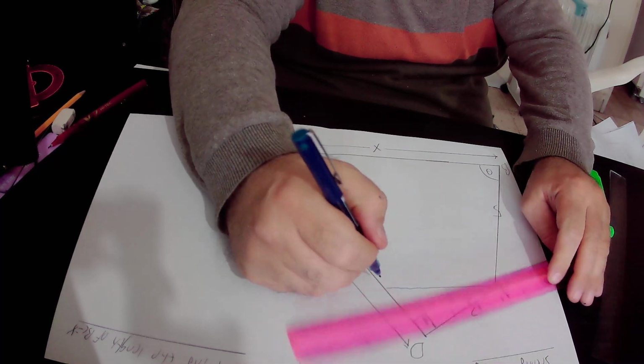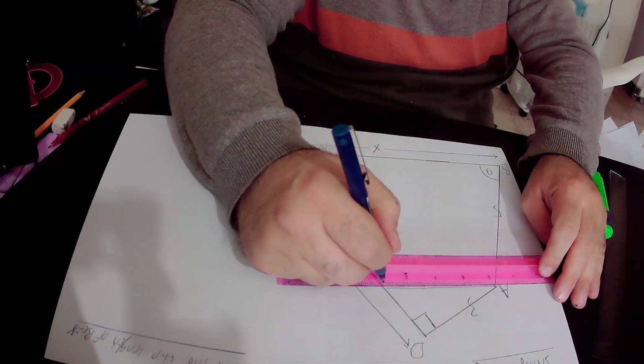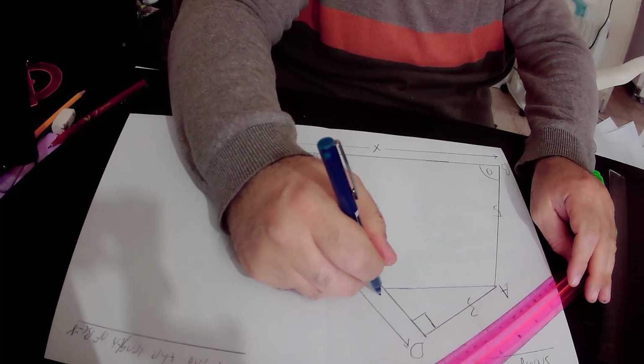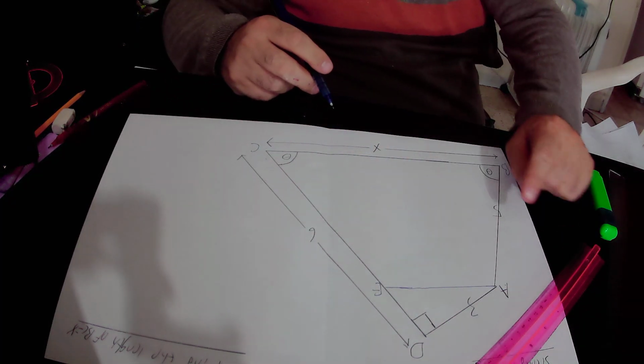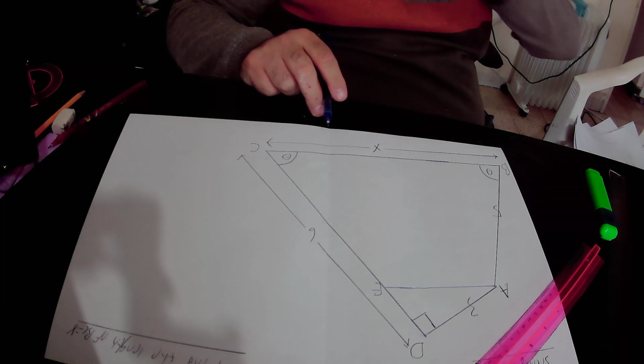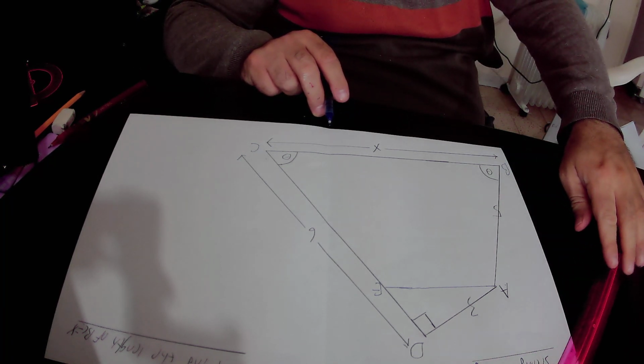Here we draw the straight line AE in such a way that it is perpendicular to side BC of quadrilateral ABCD.